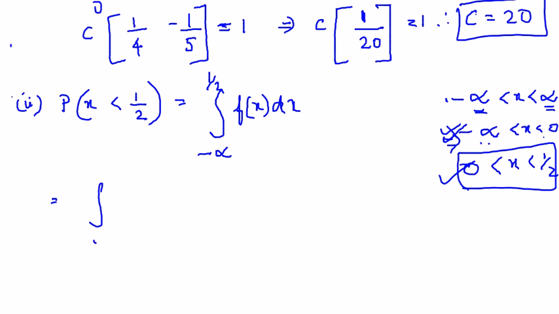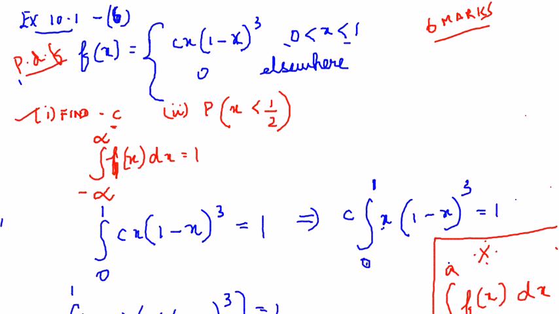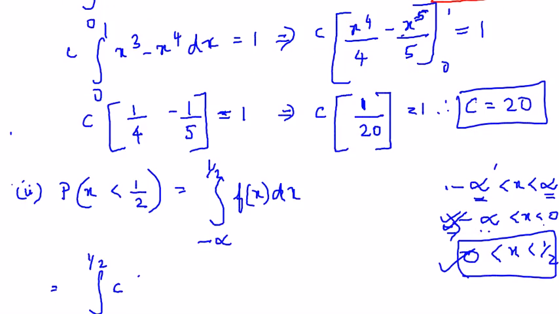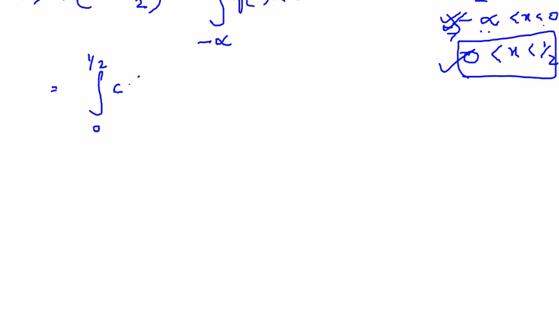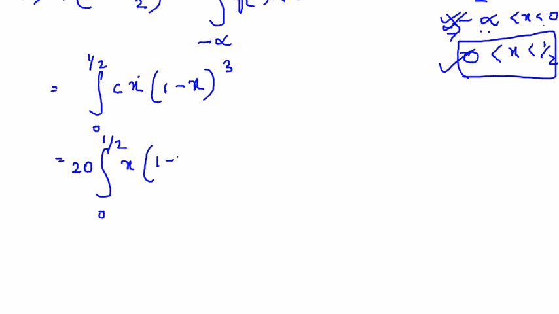So between the limit 0 and half, it is going to be c into, what is the value of f of x? As given in the sum is cx into 1 minus x the whole cube. So this is going to be 0 to half. You know the value of c, it is 20, so I am taking it out. So it is x into 1 minus x the whole cube dx.